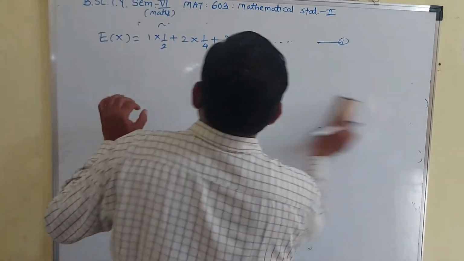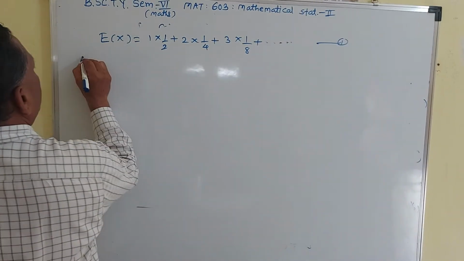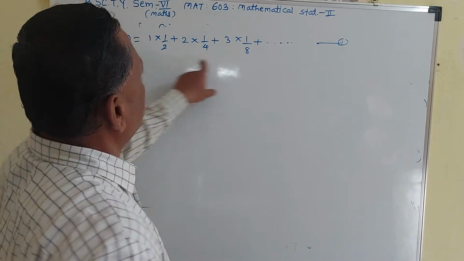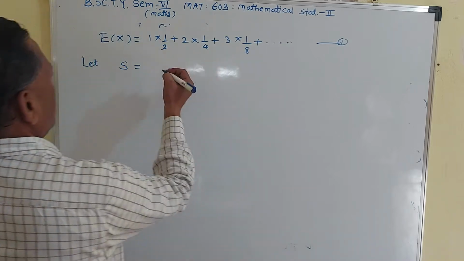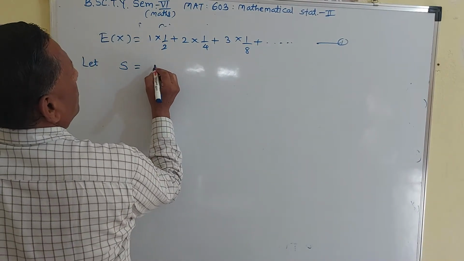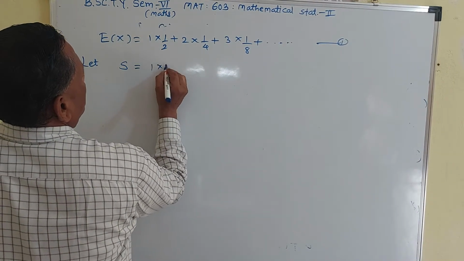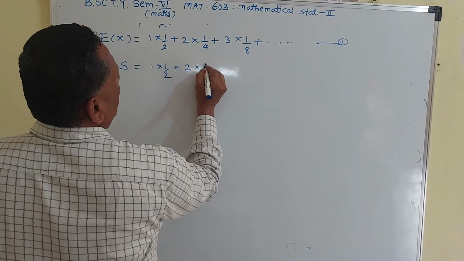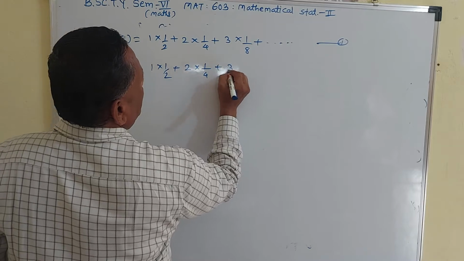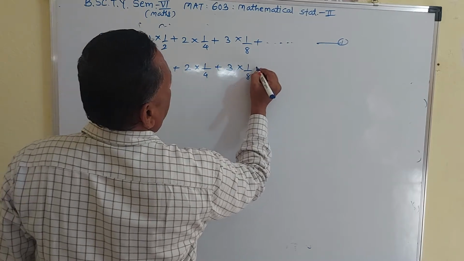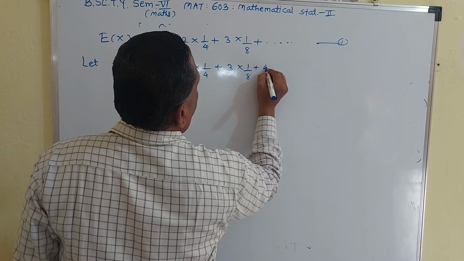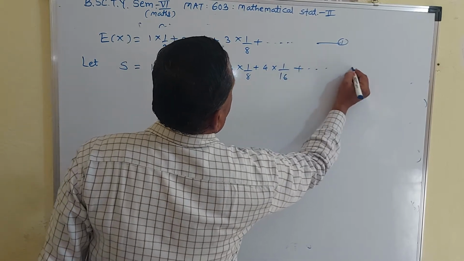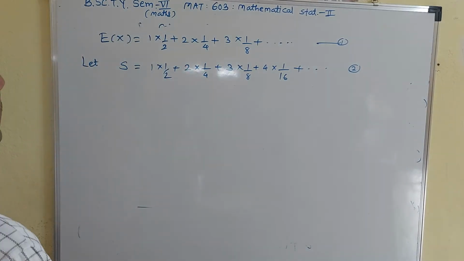Let S be the sum you have to find. S is equal to 1 into 1 by 2, or simply 1 by 2, plus 2 into 1 by 4, plus 3 into 1 by 8, plus 4 into 1 upon 16, and so on. Suppose this is number 2.